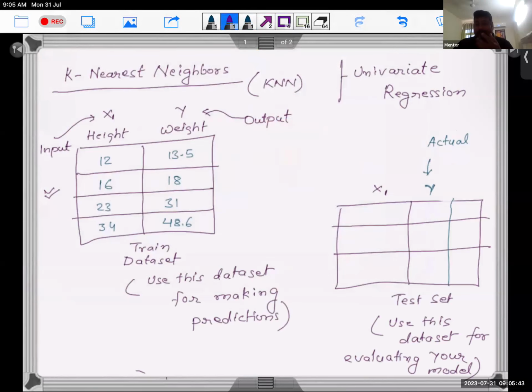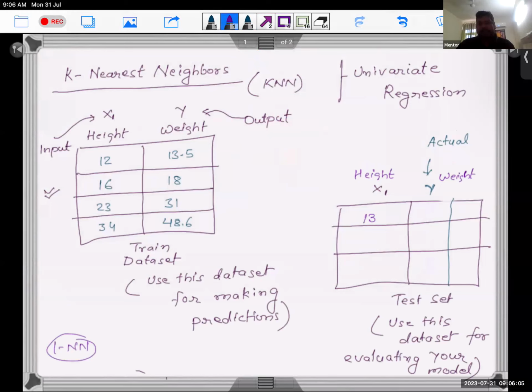I have a small question here. Imagine I have a sample where the height of this particular individual is, say, 13. If you're using the concept of one nearest neighbor, what would you predict?